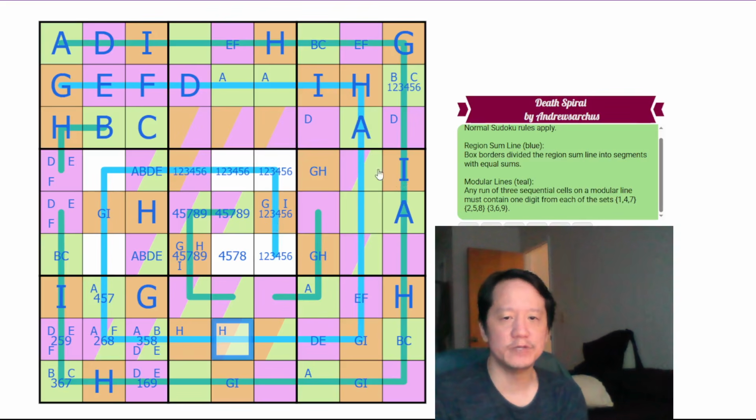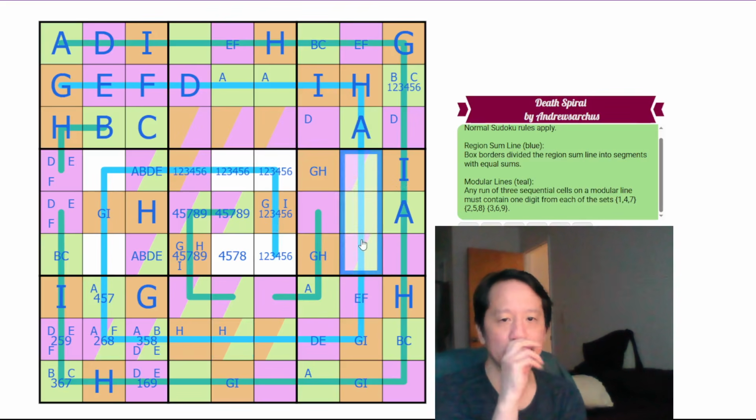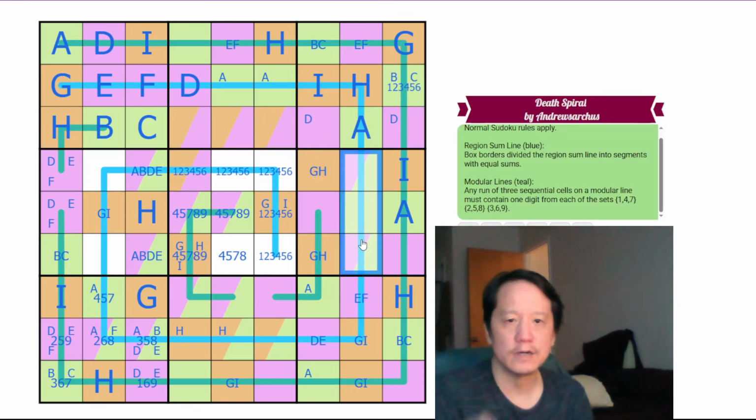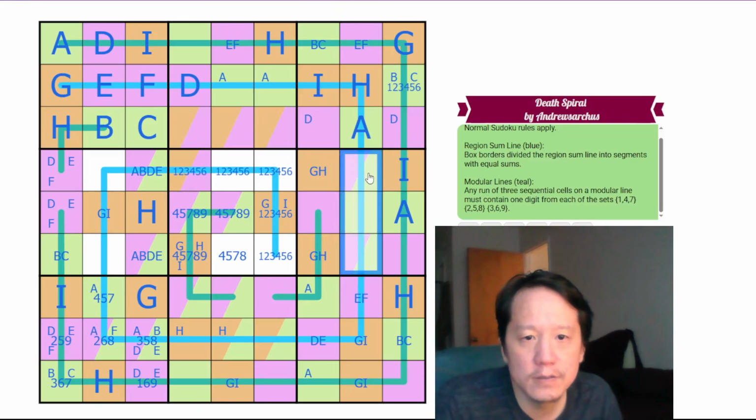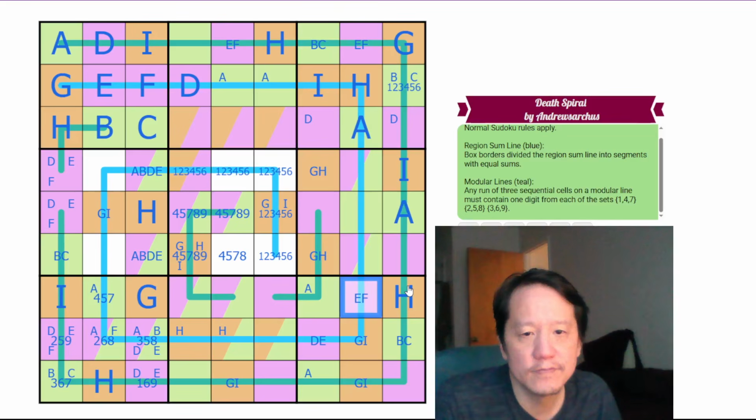This must be BC and this pink, this is E and F. Wait, how do we know this is E or F? Why can't that be D? I think that could also be D.